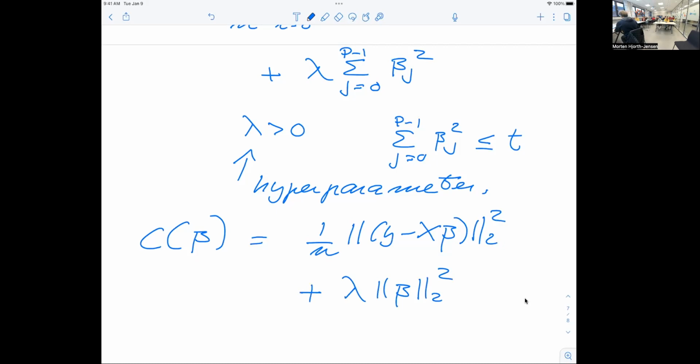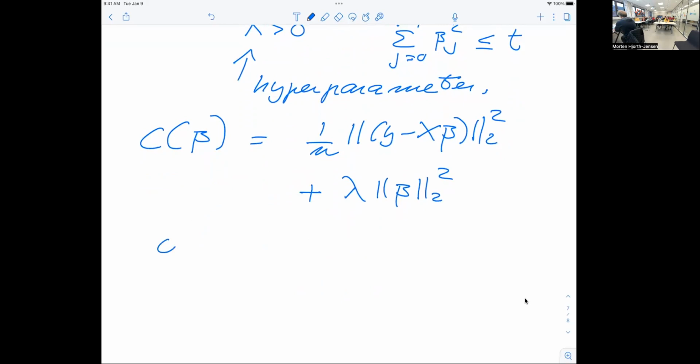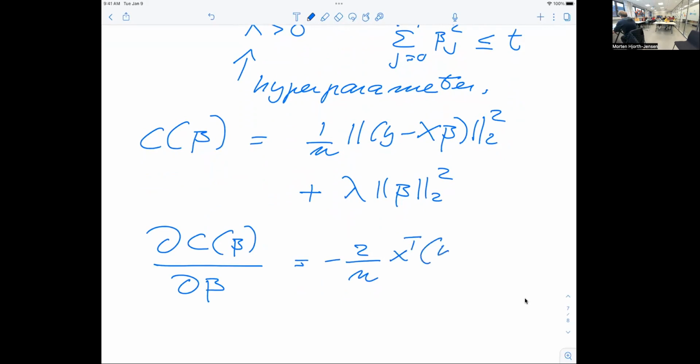What we can do next is to optimize this quantity with respect to beta. And if we now use the results from last week, we get minus 2 over n, x transpose times y minus x times beta, but then we have plus 2 times lambda multiplied with the vector beta.